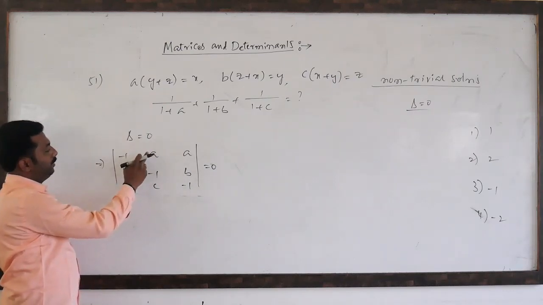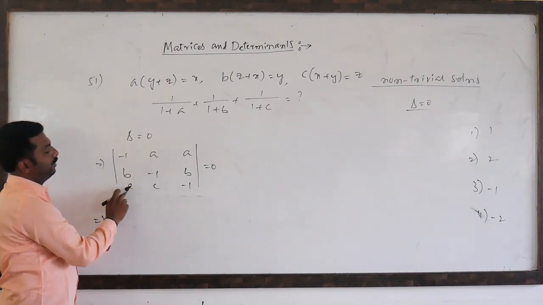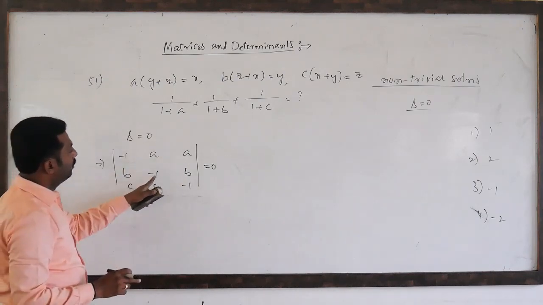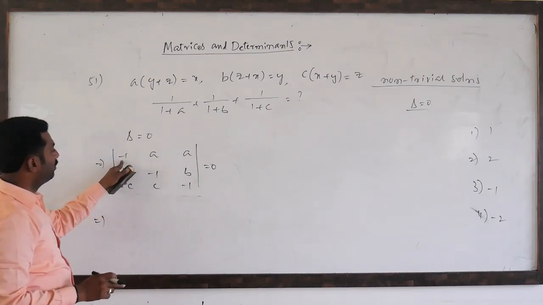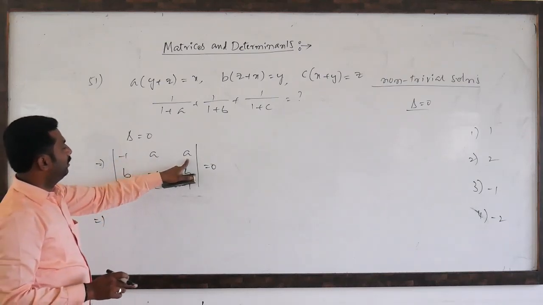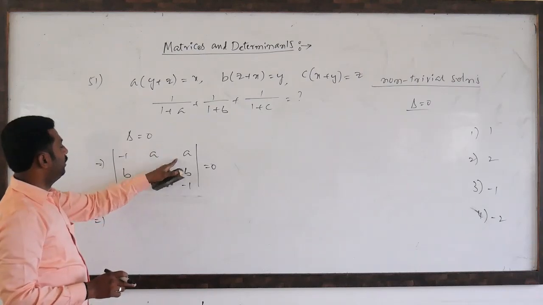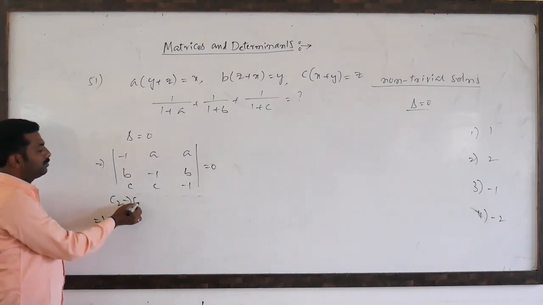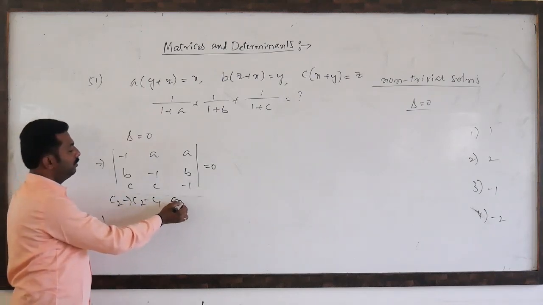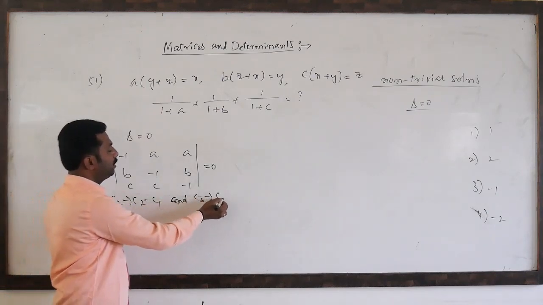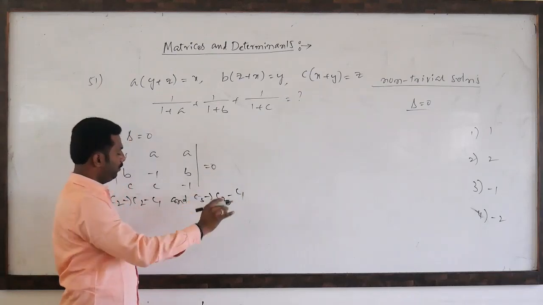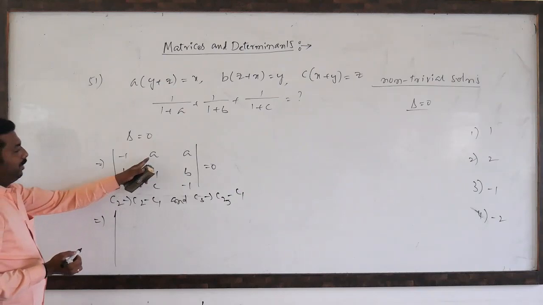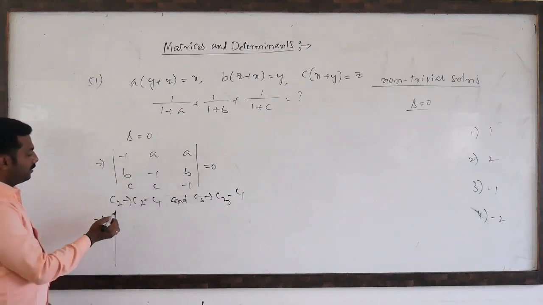C1 if we take, b plus c, c plus c will come. So from this what we have to write? a plus 1 we required, then this is a plus 1. C2 changes to C2 minus C1 and C3 changes to C3 minus C1. Same operation they are done. See here, C2, C3 changes, no changes in C1.